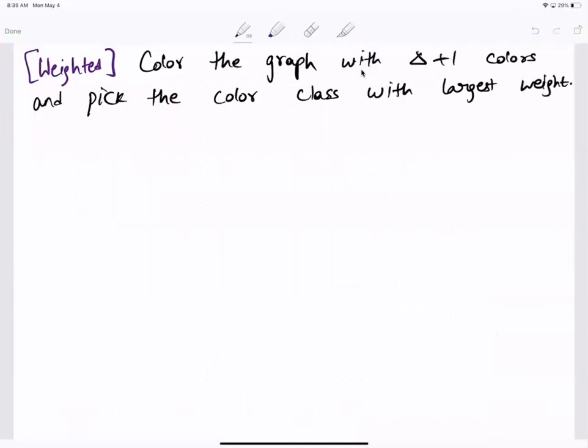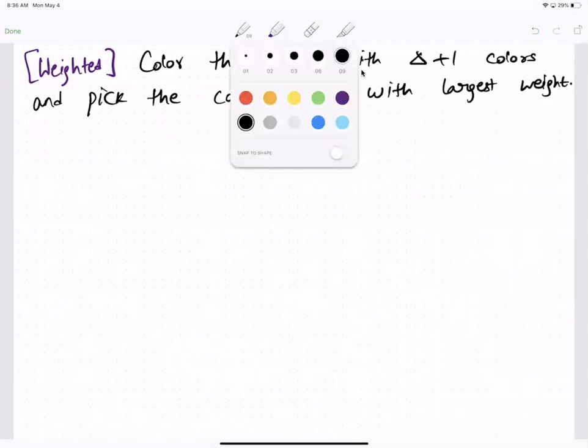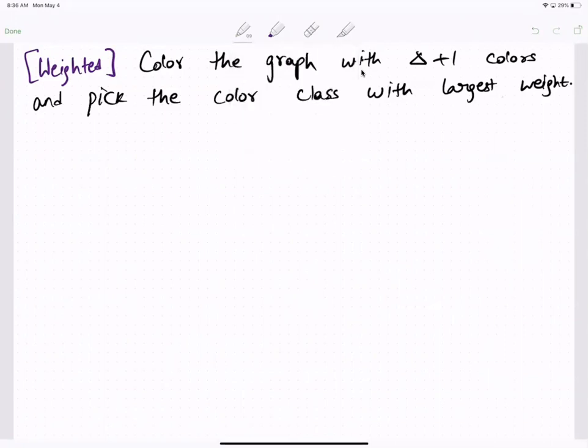If you can actually color this graph with delta plus 1 colors, then the color class with the largest weight will have at least W over delta plus 1 weight. And because they all have the same color, they have to be an independent set. So this will be guaranteed. But the question is, how do you actually color them?